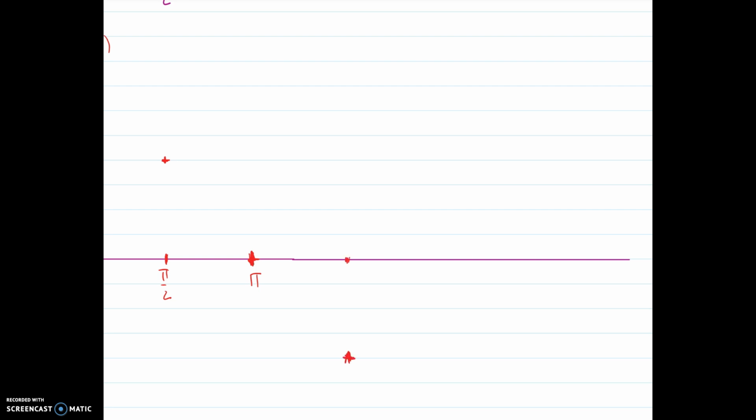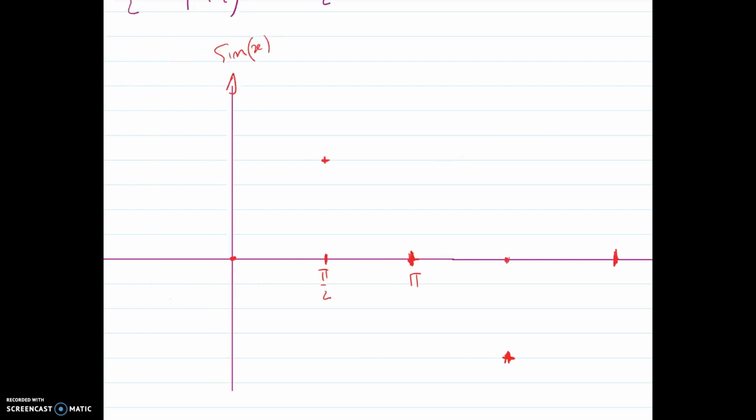My sine will be equal to minus 1. And when I get to 4 pi over 2, which is 2 pi, I'm back at 0. So what do I see? I see something going like that. This is sine x.